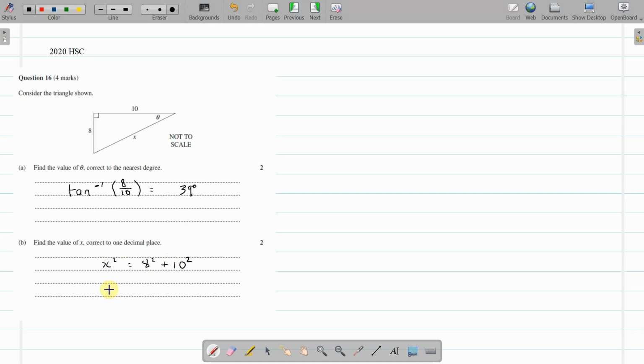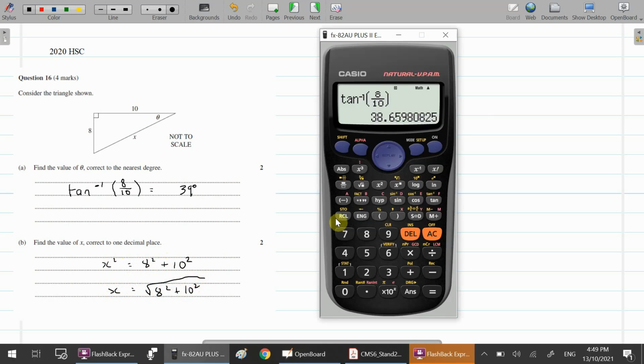So x will be the square root of 8 squared plus 10 squared, and that is 12.80. One decimal place we want, so 12.8.